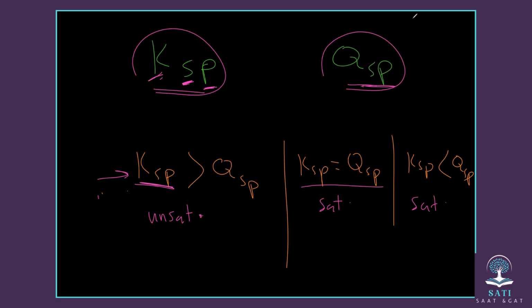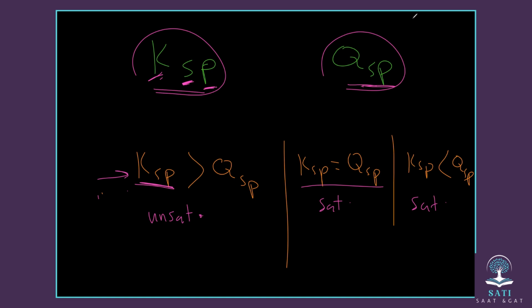and also related to precipitation. So we need to understand the relationship between KSP and QSP, which one is greater, whether they are equal or less, and whether the solution is saturated or unsaturated. And next, we need to understand whether there will be precipitation or not.